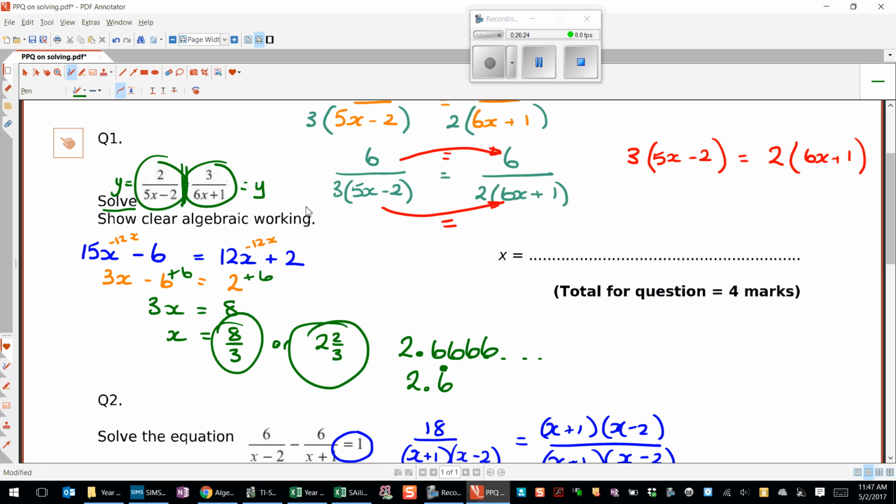They'll cross once and you can get the answer. But that's not the method they're expecting you to use. But you could check your answer. What I would say is, if you've got really ridiculous numbers coming out, like strange looking fractions, you've probably done something wrong. They'll end up relatively simple.